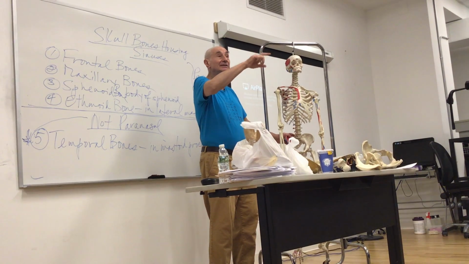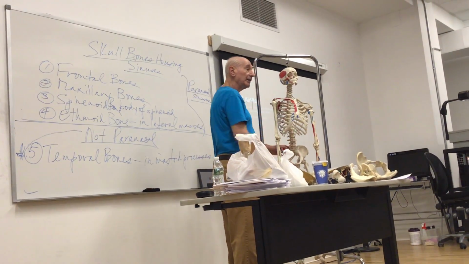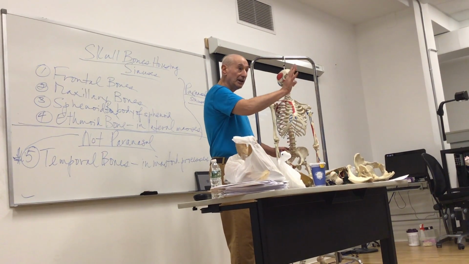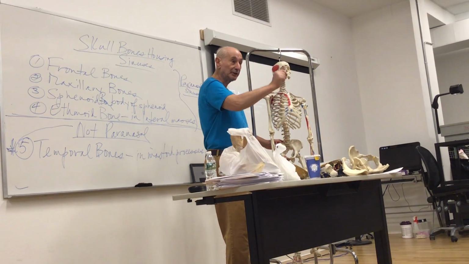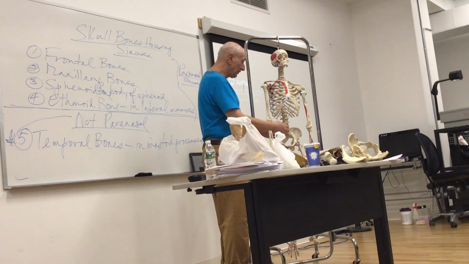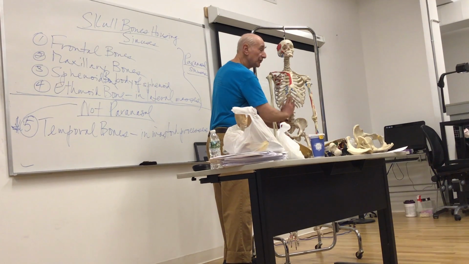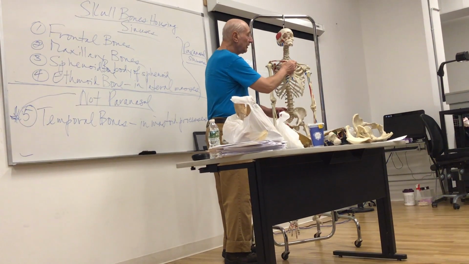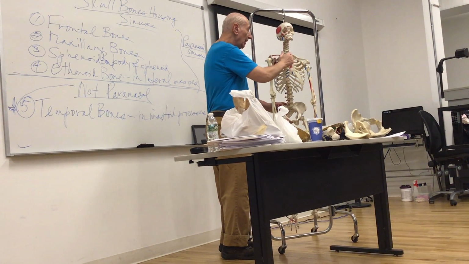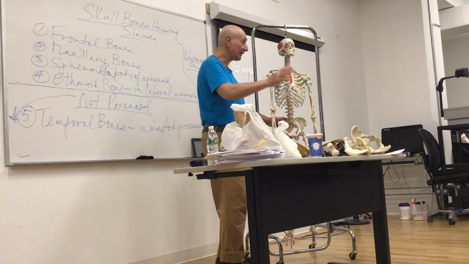A, between two hip bones anteriorly, B, all anterior intervertebral joints, C, between rib 1 and sternum, D, all of the above, E, A and B. The answer is A and B. Everyone got that?